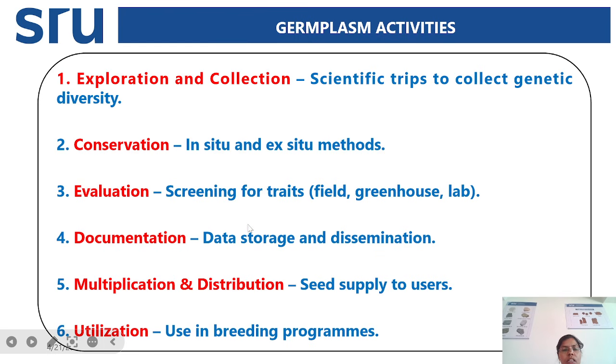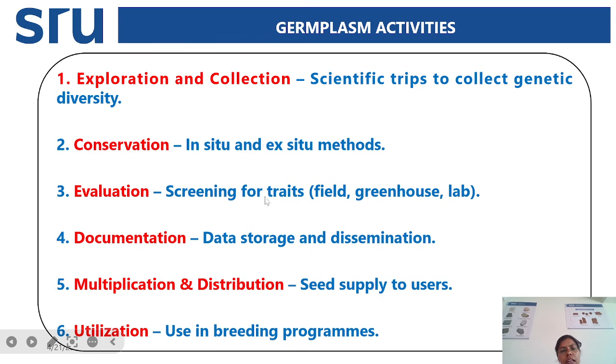This evaluation is done by experts from different departments like breeding, physiology, pathology, and entomology. Some team experts from the IPGRI, which is the International Plant Genetic Research Institute, located in Rome, Italy, help in the screening of the germplasm.